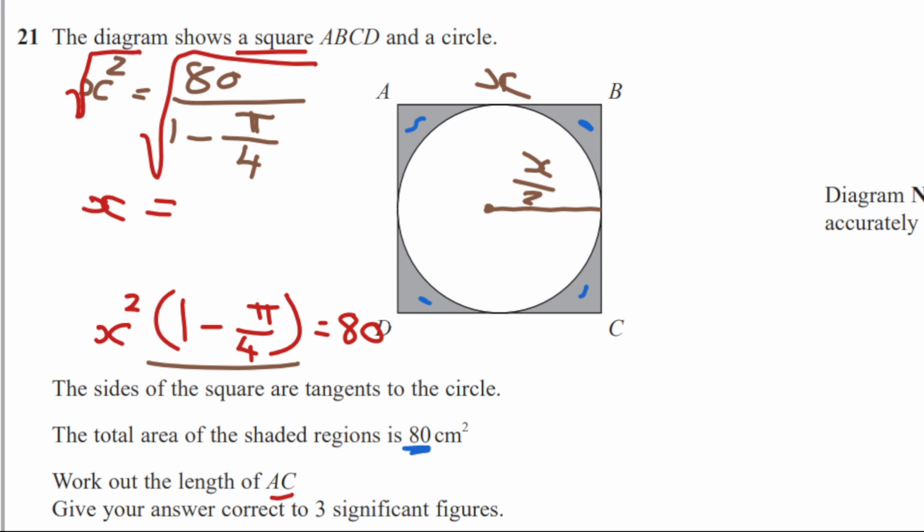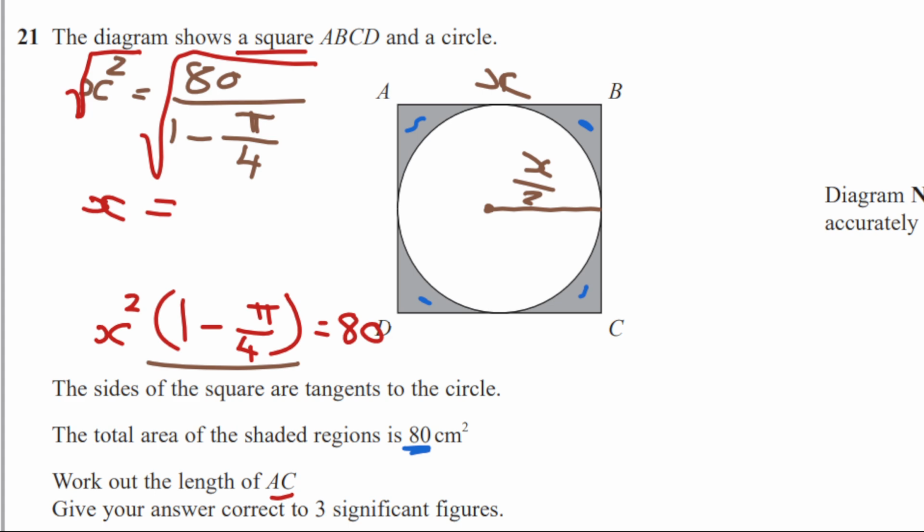Now it's the time for your calculator. Grab your calculator and plug this in. So the square root of 80 divided by 1 minus pi over 4.